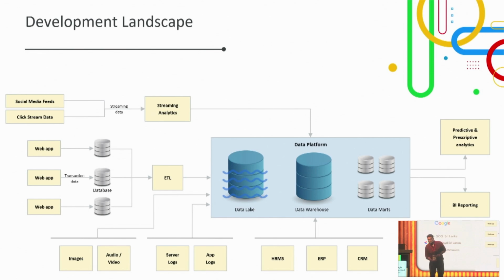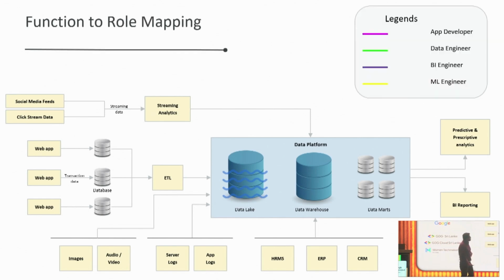Clear? Okay, moving on. Now let's look at, if all these are the tasks that my organization has to do, who's going to do it? Which role is supposed to implement all of these functions?